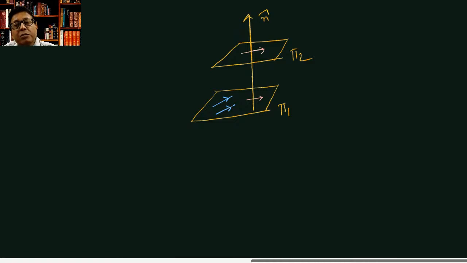Now, what is the equation of a plane? See, in the class 12 syllabus, you are now learning 3D with the help of vectors. So let us approach the equation of a plane by using the concept of a normal drawn to a plane.